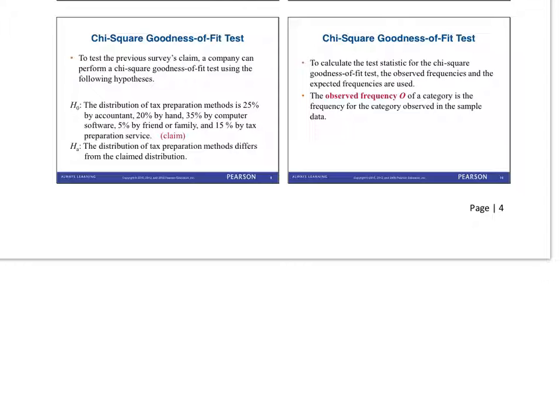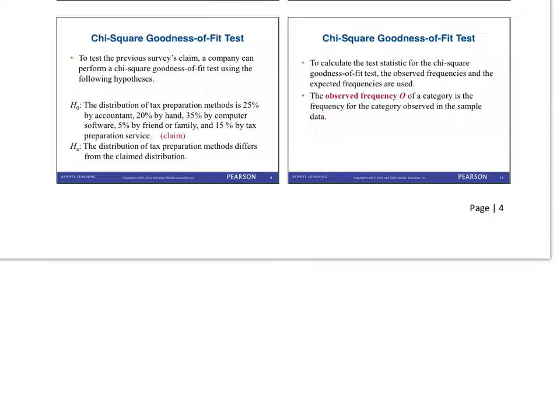And in some new survey, we're going to check to see if the people who are being newly surveyed have a tax preparation distribution that's similar to the one from the previous survey. So the null hypothesis is that the claimed values of those percentages are all as claimed, and the alternative is that the distribution of tax prep differs from that claimed distribution.